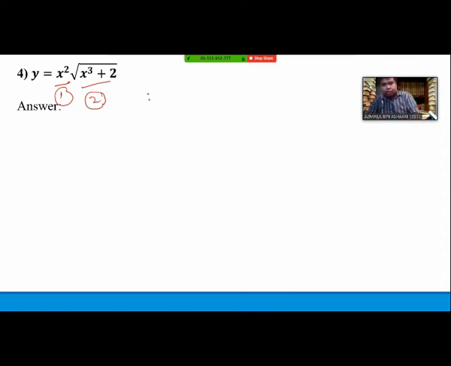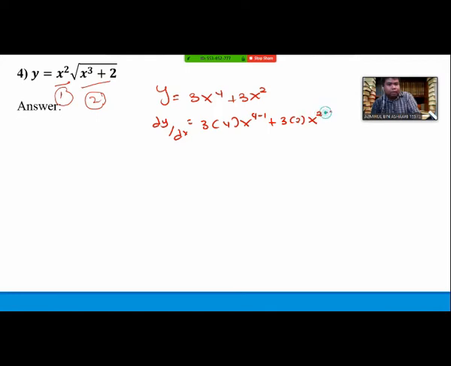If there is no such multiplication, let's say y equal to 3x power of 4 plus 3x power of 2, you can differentiate one by one. dy per dx equals 3 times 4, power of 4 moves to the front, 3 times 4 x power of 4 minus 1, plus 3 times 2 x power of 2 minus 1.